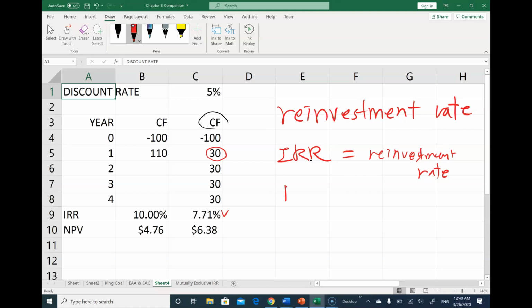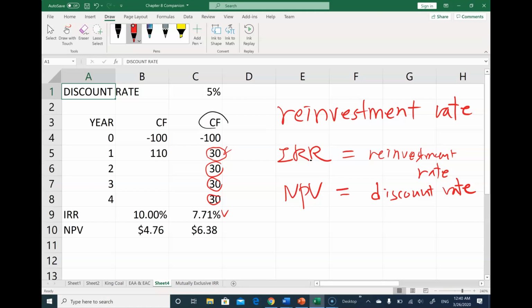In case of the net present value, the assumption is different. In case of the net present value, the assumption is all these cash proceeds, all these cash inflows, will earn the rate of return of the discount rate. Okay, so in case of the net present value, the assumption is when the company makes $30 in the first year, this $30 will be reinvested and earn 5% return.